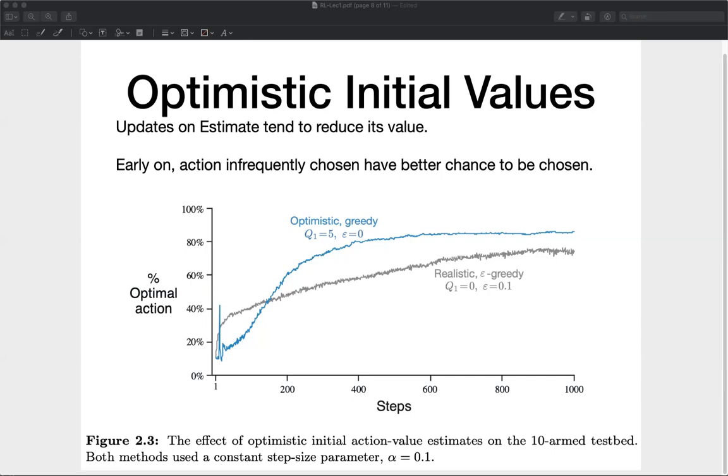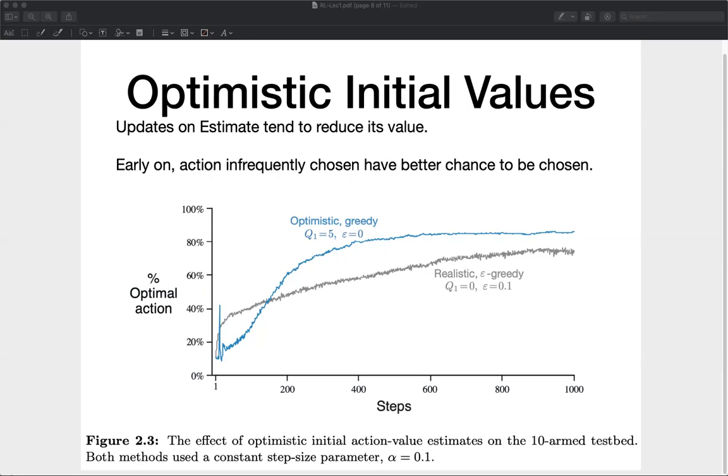This is a strategy to help your calculation of the estimate. Let's instead assume that the initial estimates weren't 0 but some ridiculously high number. They were very optimistic, right?